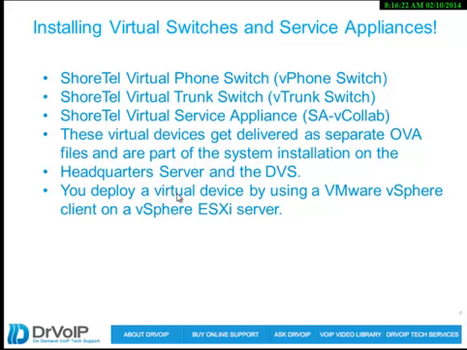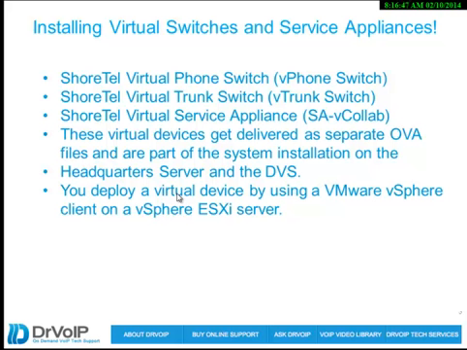And these switches come to you in the form of OVA files. Some of you who have not worked with VMware in the past will need to become familiar with VMware and how it operates and the various administrative components necessary to bring up a VMware server.